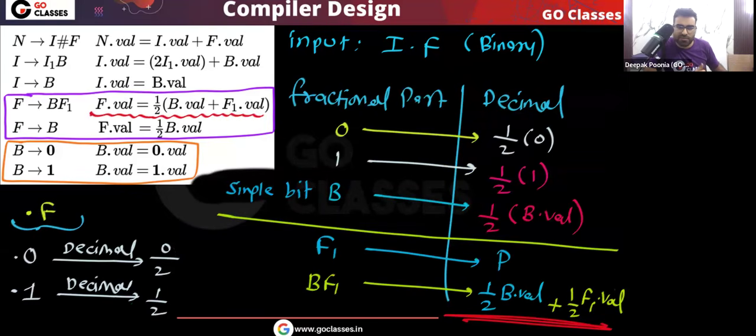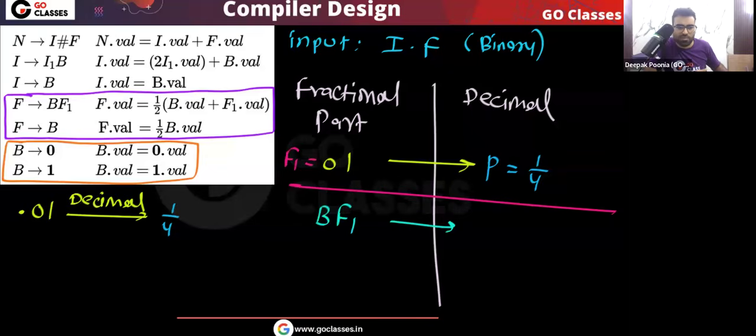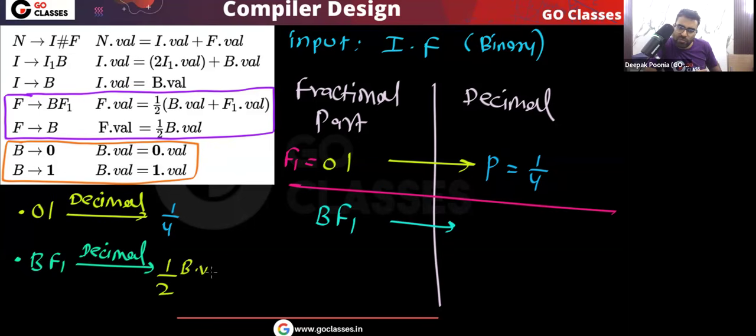If the fractional part is bf1, then what will be the decimal value? This b is a single bit, so the weight is 1 by 2, so it will be 1 by 2 b dot value, plus, since f1 is already 0 1, it will be dot b01.